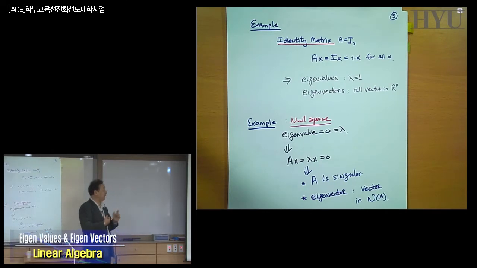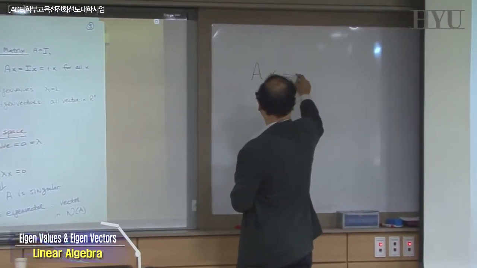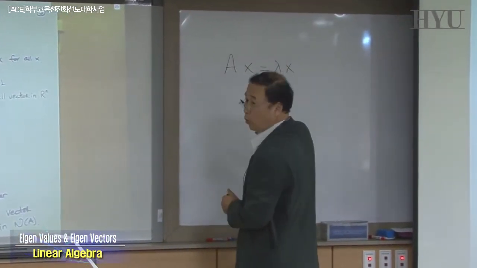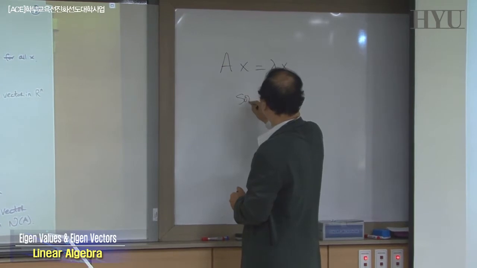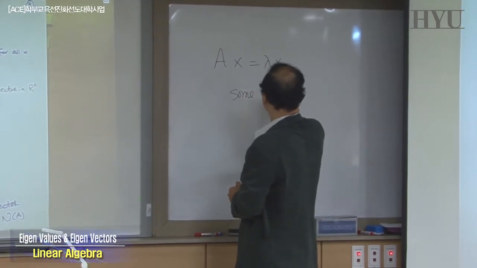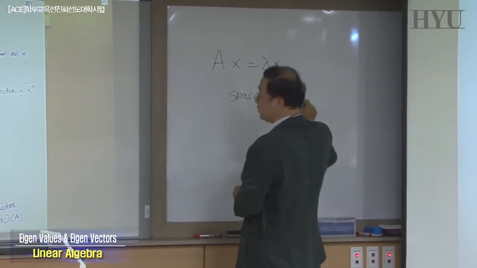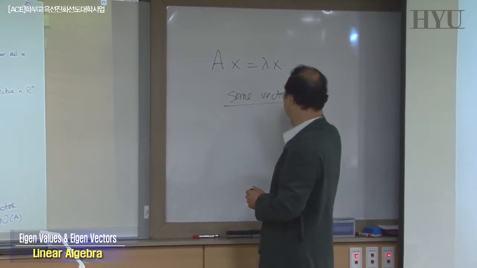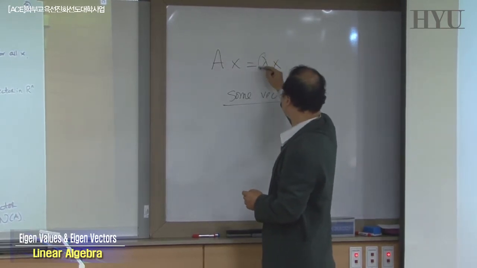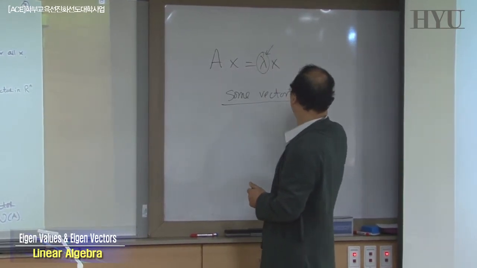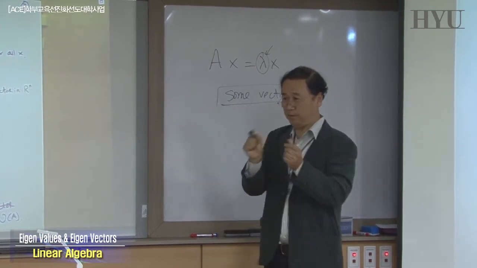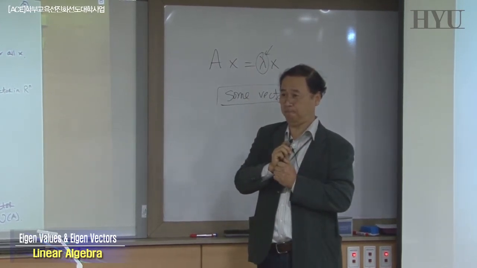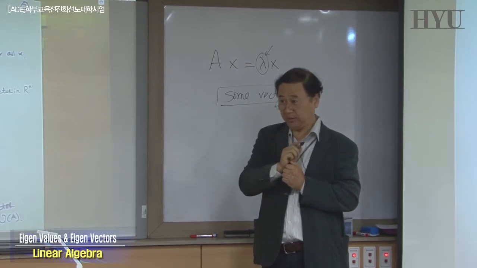Basically what I'm saying is Ax equals lambda x, but this holds only for some vectors x, not for all. For a given lambda, which is the eigenvalue, those vectors we call eigenvectors.